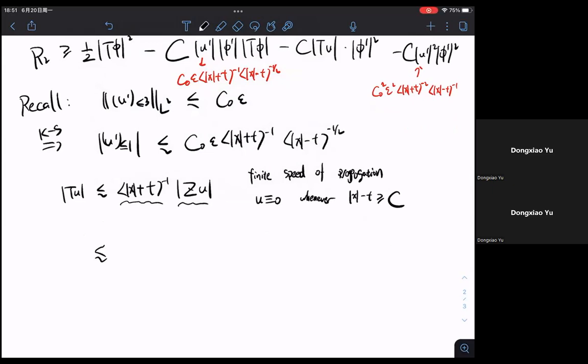We integrate the partial derivative of U from outside to inside, and because the solution vanishes outside, we don't have any boundary terms from outside. So T U is controlled by X plus T inverse times the integral from X to T plus C, because when x minus t is larger than or equal to C, U equals 0. So we only need to integrate this from T plus C inward.